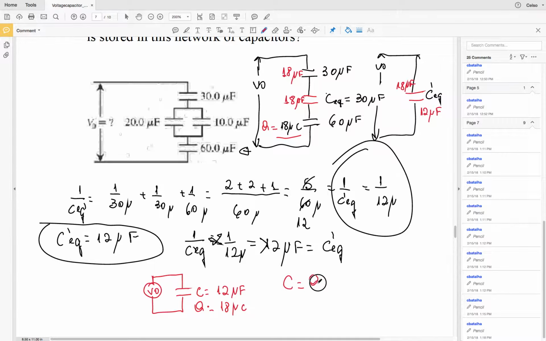Capacitance is Q over V. So therefore, V is equal to Q over C. So the voltage, or V naught in this case, will be 18 microcoulomb divided by 12 microfarad. And then we do this, and we have our V naught in units of volts. Okay? All good there?